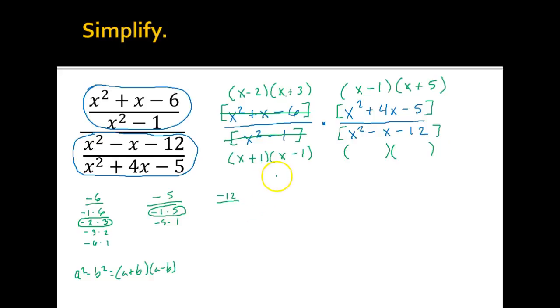I'm being very methodical here. Negative 12 is negative 1 times 12, negative 2 times 6, negative 3 times 4, negative 4 times 3, and that's it. I can stop there once I get the answer. There's only one answer in these. Negative 4 plus 3 is negative 1. Okay, so x minus 4, x plus 3.